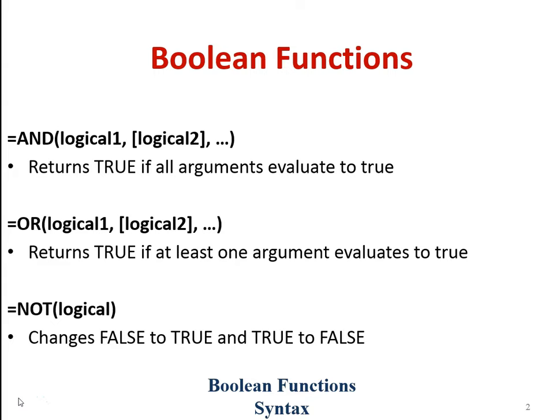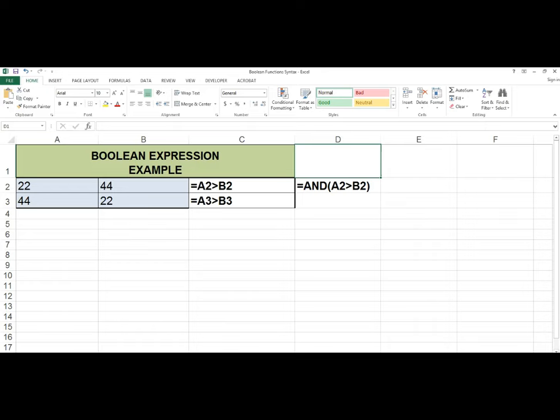Syntax: equals AND logical 1, comma logical 2, comma ellipsis. The logical 2 argument is not required. However, if you only have one argument in the AND function, you should use a relational expression. For example, because the expression in cell C2 already evaluates to a Boolean value true or false, you do not need to use a function.